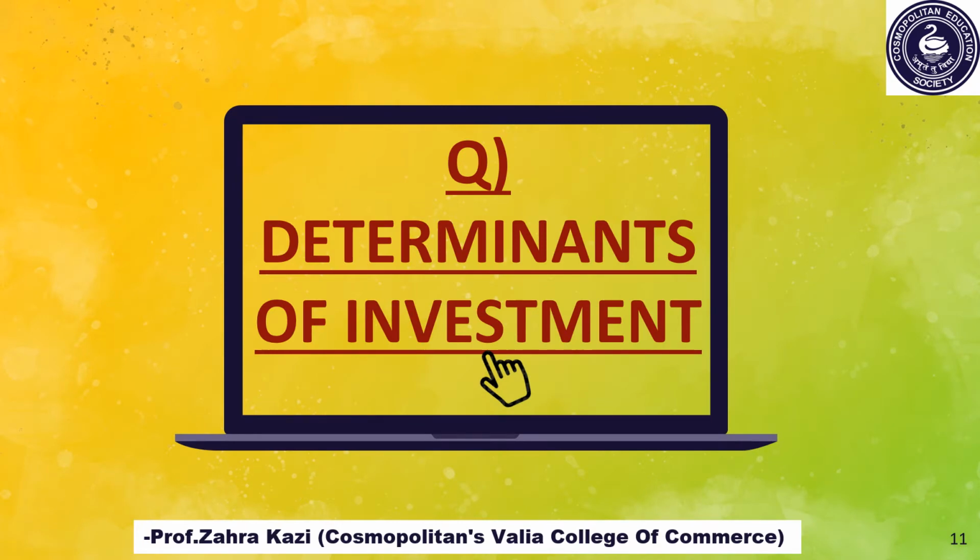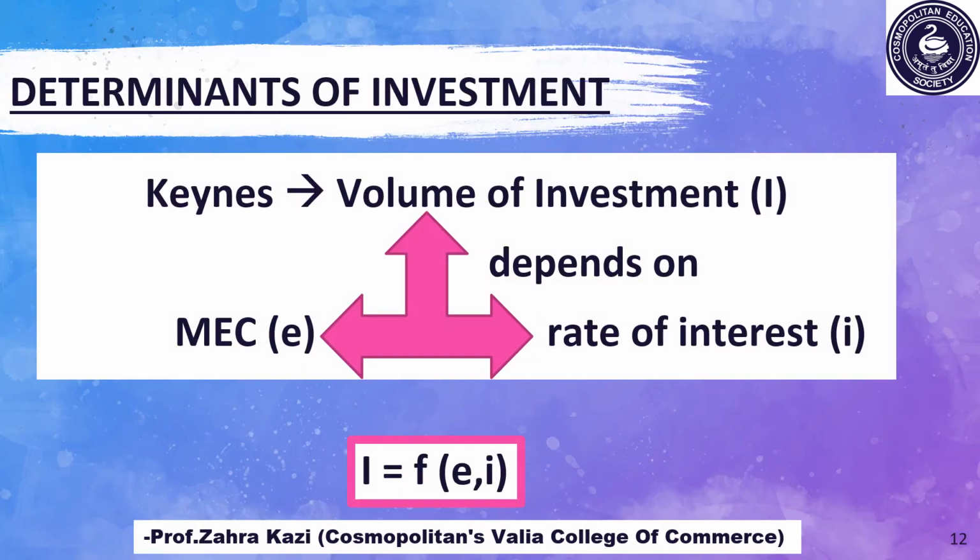The next question in this topic of investment function is determinants of investment. Determinants of investment. According to Keynes, the volume of investment, which is denoted by the capital I, undertaken by private entrepreneurs in the economy, depends on two factors.